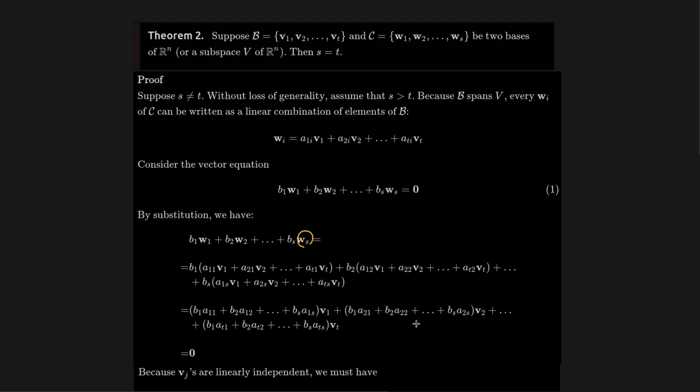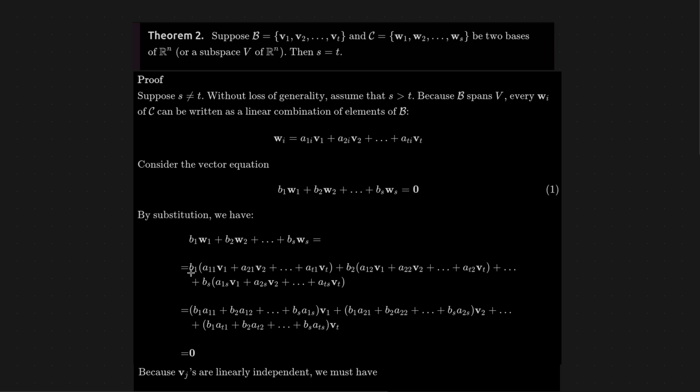Now what we do is we rearrange. If I distribute here and I distribute here, I'll have b1a11v1 and b2a12v1 and so on. So I'm going to combine all those v1 terms. So I have b1a11 and b2a12 and all the way until I get to the very last one, bsa1s.